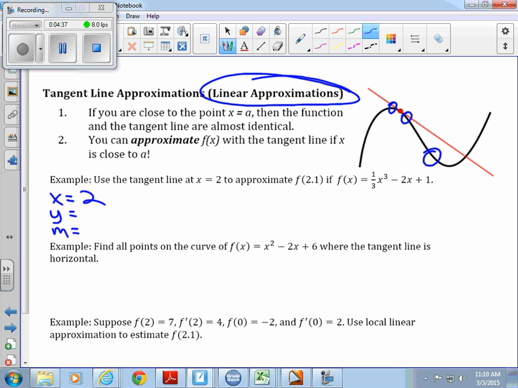I need to find the y value at 2, so I plug 2 into the equation. 2 cubed is 8. So 8/3 minus negative 1/3. Is that right? You should check that. So that's the y value. How do I find the m, the slope?